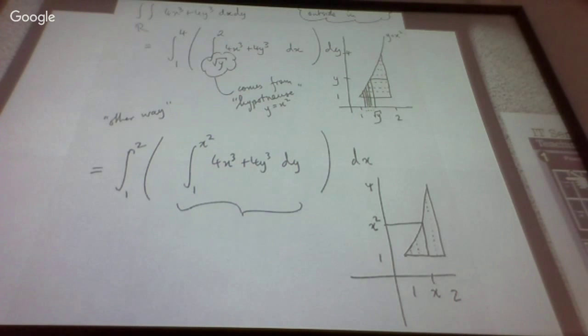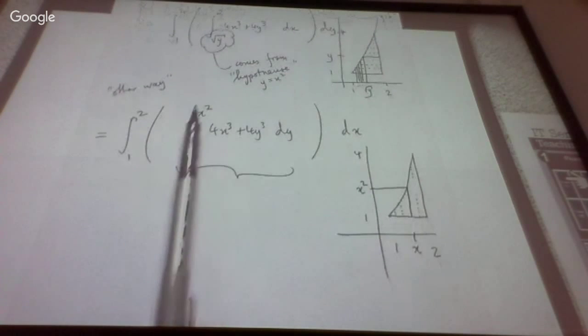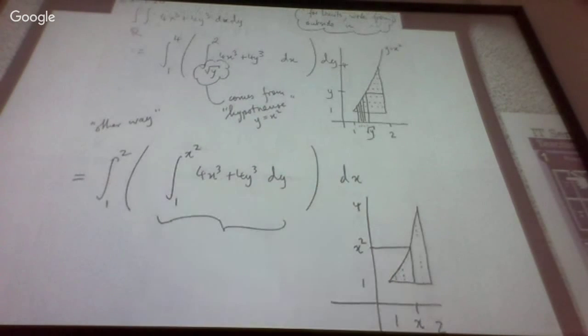It's so easy to get across on the printed page. But having got to that stage, this describes the double integral over this region R of the function 4x cubed plus 4y cubed. So this can be evaluated using the same techniques as before. Just be careful that you've got a non-constant limit of integration there, but that can be handled the same way.